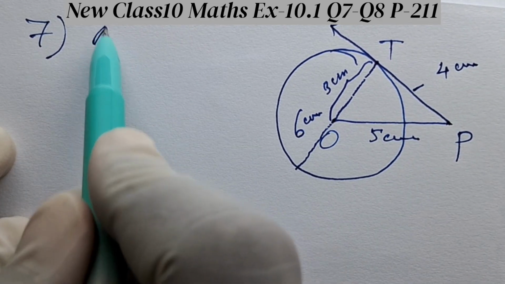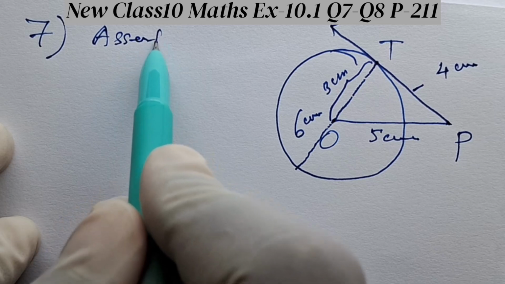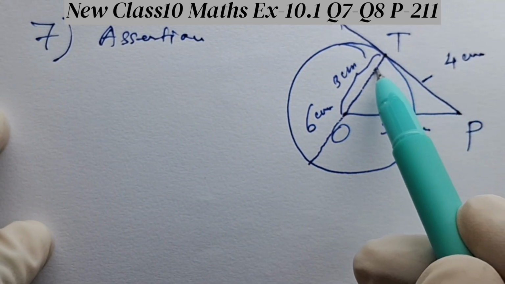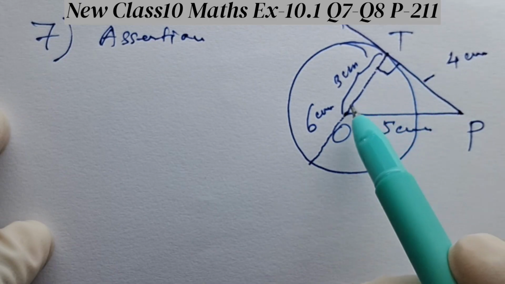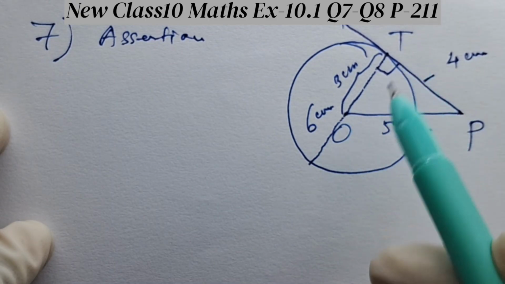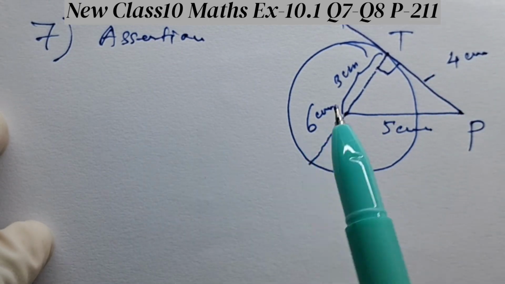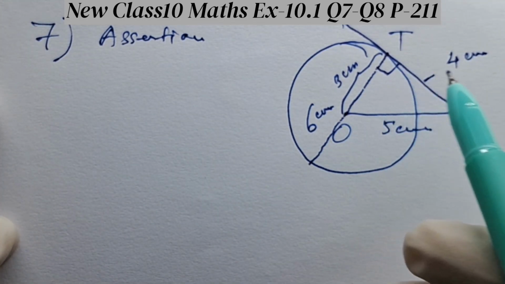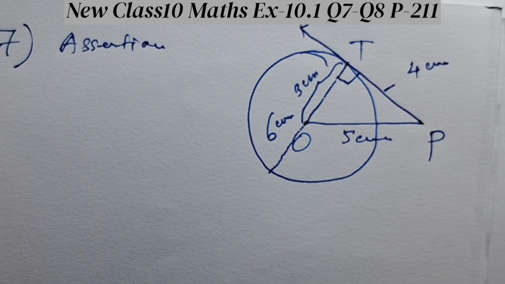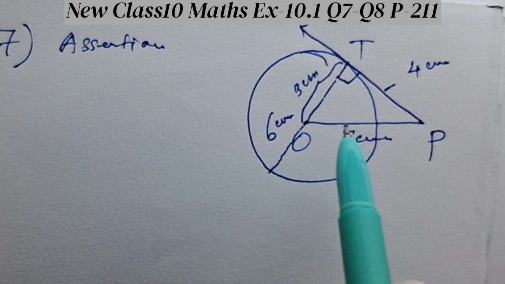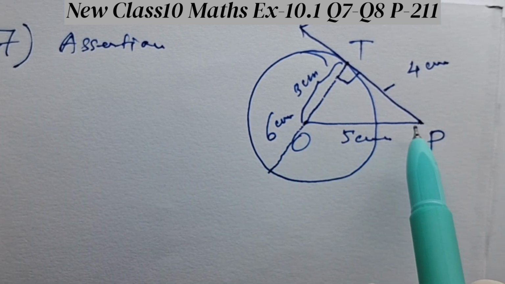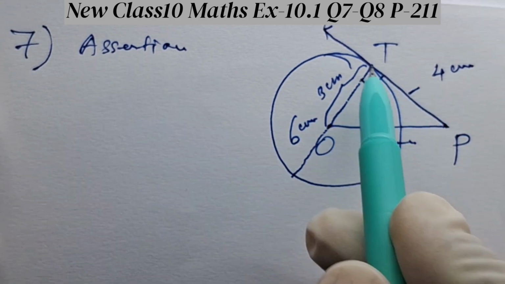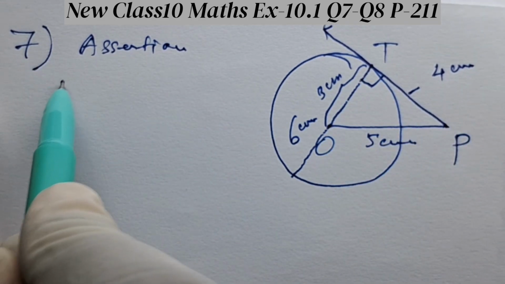So the assertion: this POT is a right triangle because the radius is perpendicular to the tangent. So we can use the Pythagoras theorem. According to it, the hypotenuse squared equals the sum of the squares of the other two sides. Is PT 4 cm correct?